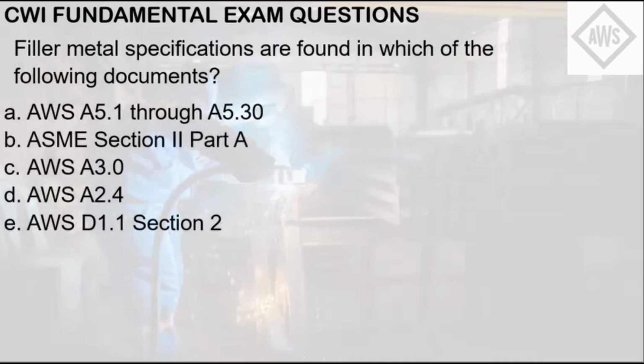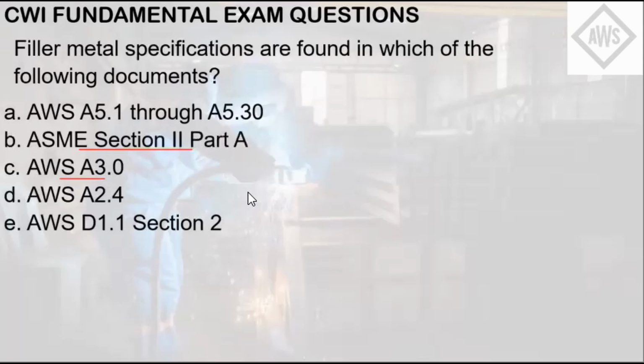For the choices, letter B pertains to the forms of ferrous material products, that is ASME Section 2 Part A. AWS A3.0 refers to the standard welding terms and definitions.